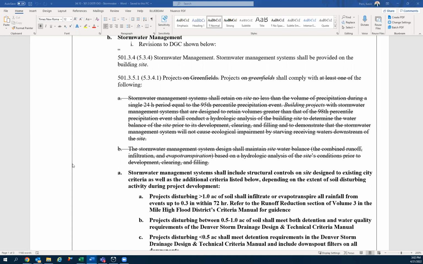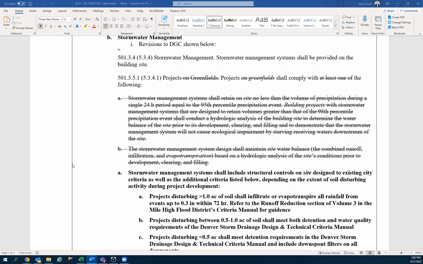A and B are stricken mostly because the technical criteria specified isn't really what DOTI or the engineers in practice are used to seeing in stormwater codes. It's sort of a different language than what we're used to speaking. There's also some language around retaining water on site, and that can be complicated with water rights in Colorado.